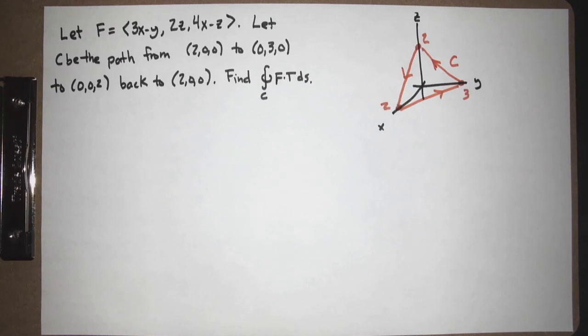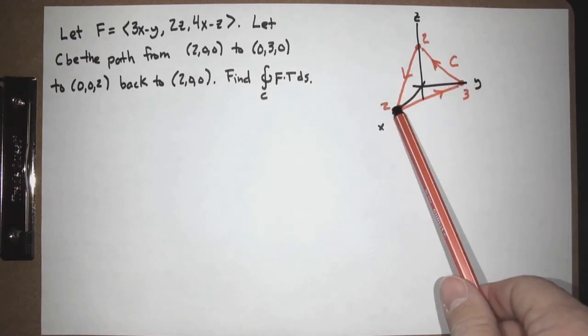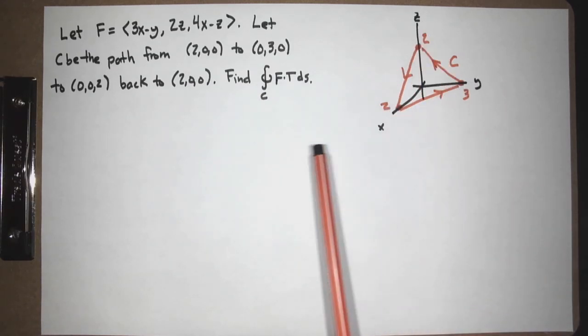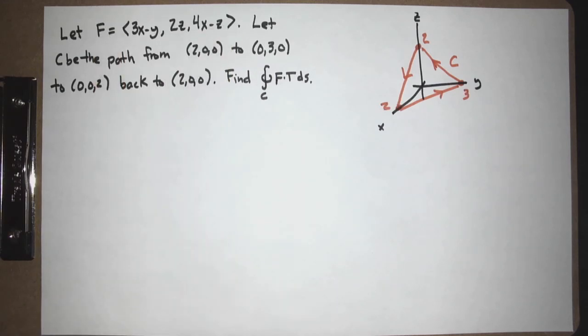Now we can, of course, find it. We could do it the old-fashioned way, which is to say, well, we can think of this as 3 line segments. We can parameterize each line segment. And then for each line segment, we can carry out the computation. But that's not our goal.